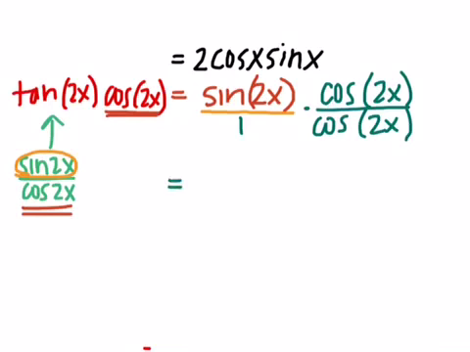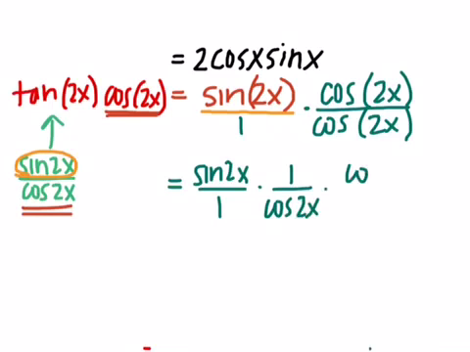So what we have, if you want to think about this a little differently, is, remember, this is all multiplication. You can think about multiplication and division all in the same step. So we have sine of 2x over 1. We have 1 over cosine of 2x. And we have cosine of 2x over 1.